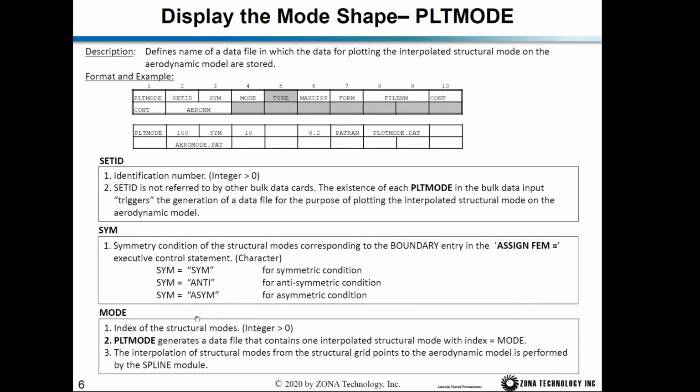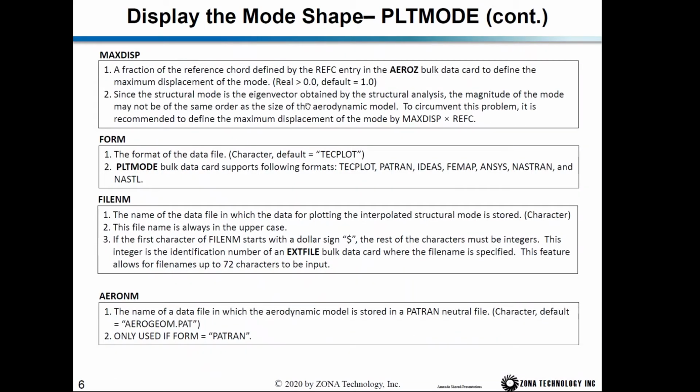The mode you want is an index of the structural mode, so if you put 3, then you want to plot the third mode. And for the maximum displacement, because the structural mode is an eigenvector obtained by the structural analysis, the magnitude of the mode may not be of the same order as the size of the aerodynamic model.